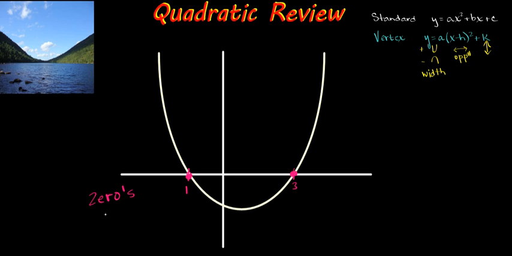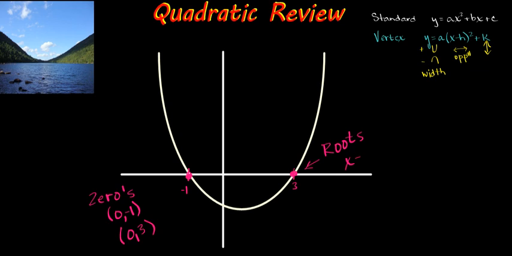Now the zeros are usually written as coordinates, so that would be the coordinate negative 1, 0, and the coordinate 3, 0. Another name you're going to have for this is, people will call these the roots. If you're ever asked what the roots are, it's usually just a list of x's.